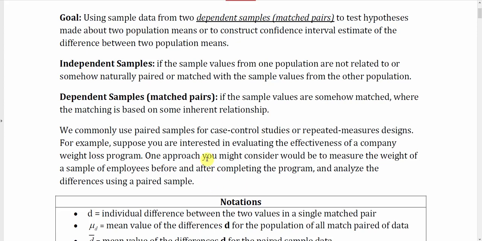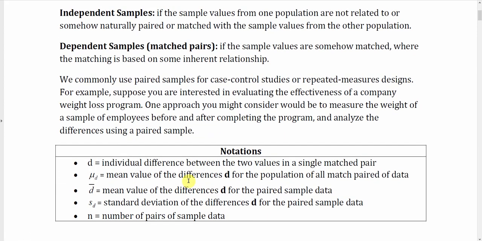We do the measurement again, and then we analyze the differences between the paired samples. That means we measure the samples before and then after the program completes, and then we do the analysis for the paired samples because they are related.